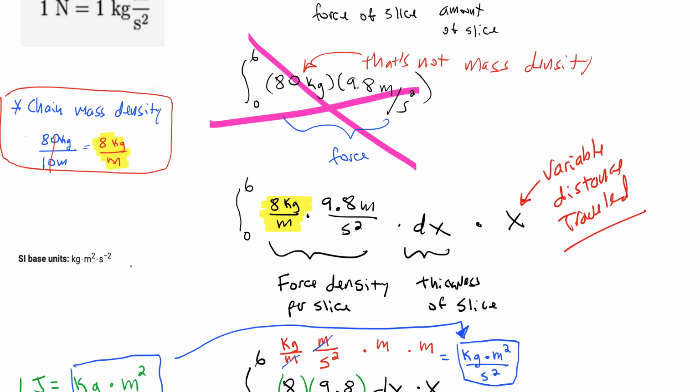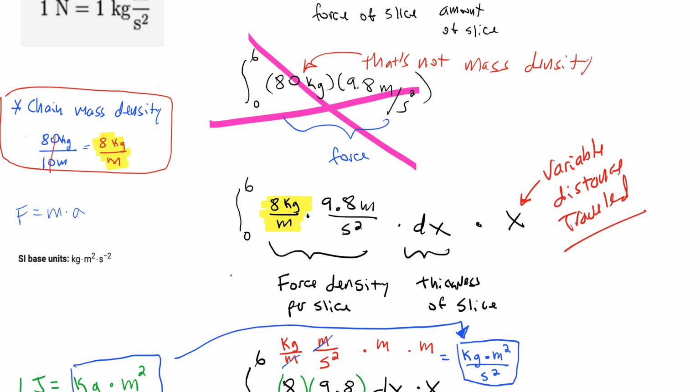And force equals mass times acceleration. That's why I did that. But this is now force density because I didn't put in the mass of the entire thing. I put in mass per meter, times acceleration. So that's going to give me basically the force per meter.